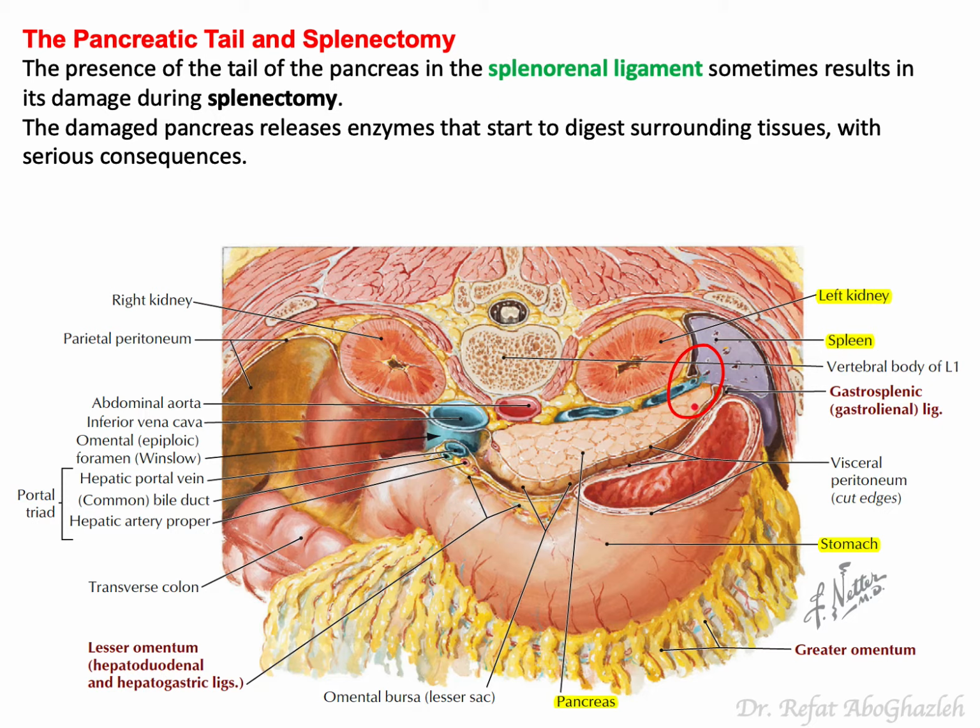That means some of the secretions or enzymes of the pancreas can leak out into the abdominal cavity, and this can create serious damage with really serious consequences on the organs and structures there, because these enzymes from the pancreas should normally be secreted into the duodenum, not into the abdominal cavity and different organs, because they can digest fat, carbohydrate, and proteins.